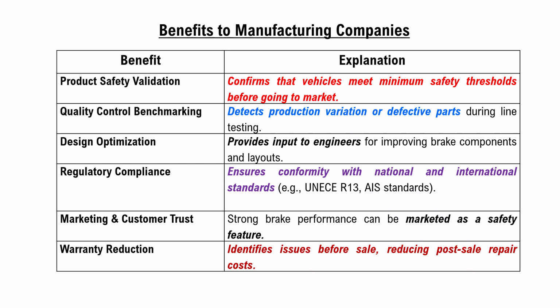The benefits to manufacturing companies. The benefits to many manufacturing companies include number one, product safety validation. The test confirmed that the vehicles meet minimum safety thresholds before going to market.